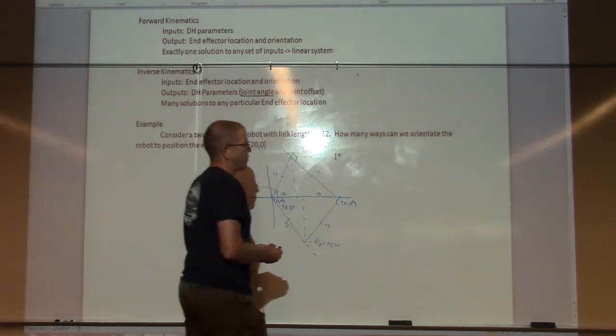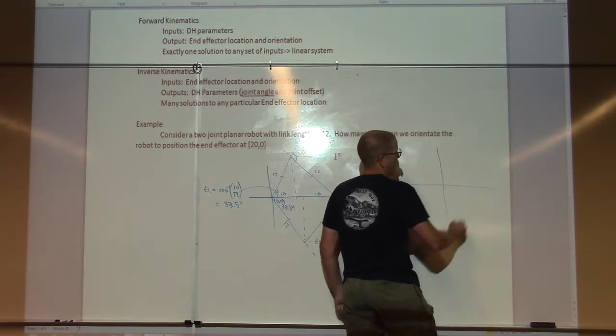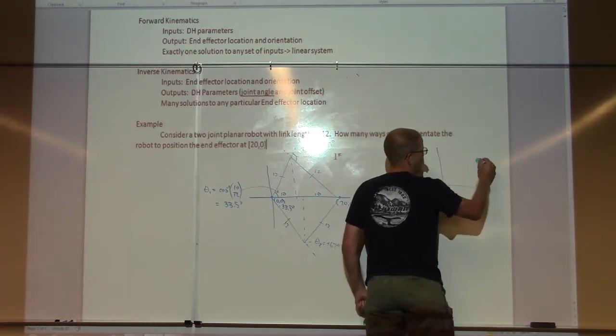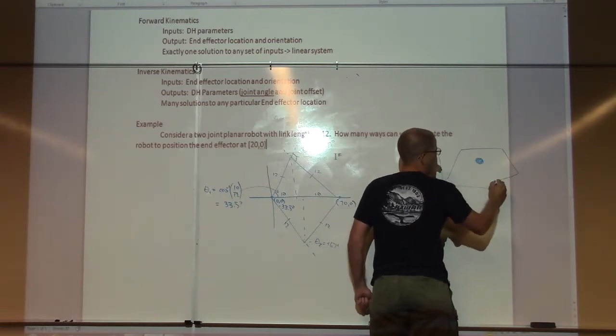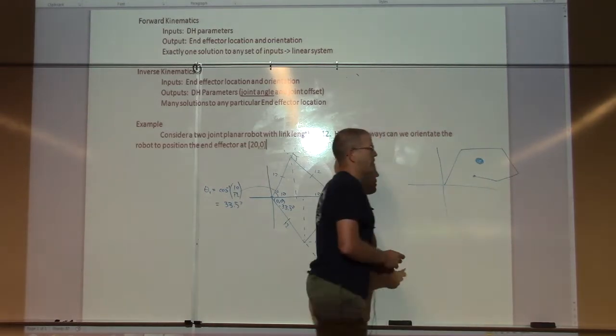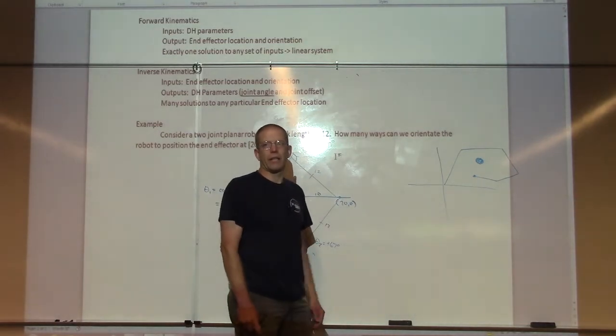Let's say that we need to reach around an object. We're still in the plane, but we've got an obstruction right here. But with additional degrees of freedom, we can reach around that obstacle in order to avoid it altogether.